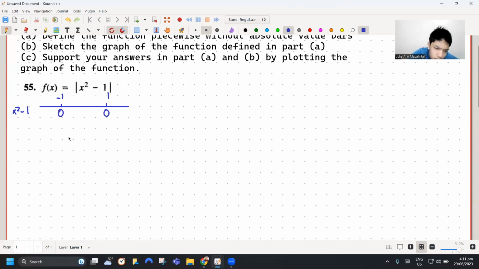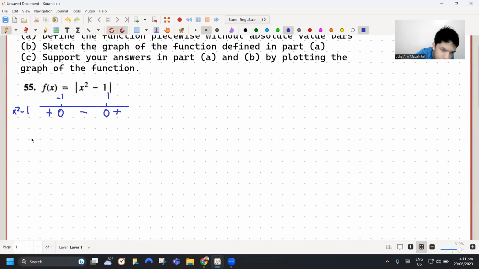Okay, and then sa mga intervals yan, for x less than -1, positive or negative? Okay, and then between -1 and 1, so negative. So ngayon, gawin mo piecewise na from infinity to -1 or x less than -1.